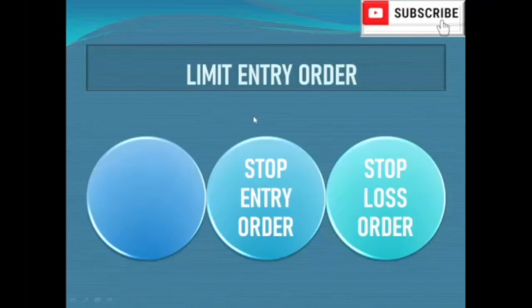Or you can set a sell limit order at the price where you want it, and then walk away from your computer to do whatever else you have on your daily schedule.